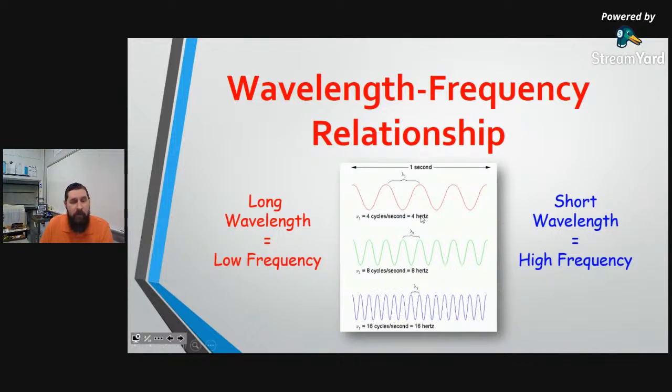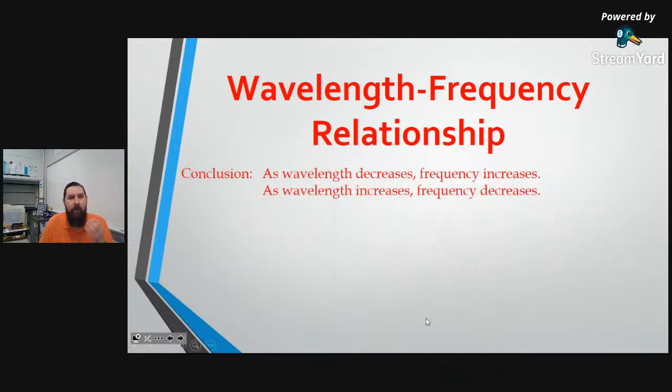Here I go from 4 cycles per second, half the wavelength, and now I get double, or 8 wavelengths per second, or 8 cycles per second. So again, green to blue, I half the wavelength, I again double that frequency. So what this means is that the product of wavelength times frequency, lambda times nu, is a constant.